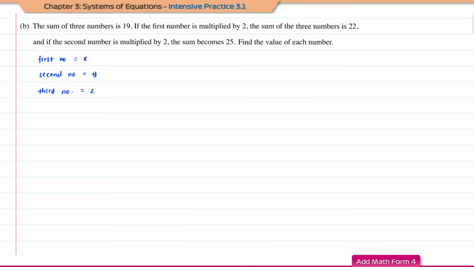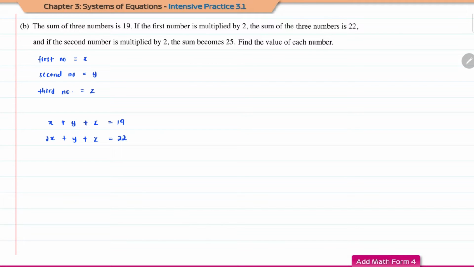The sum of three numbers is 19, which means x plus y plus z equals 19. Next, if the first number is multiplied by 2, which means x multiplied by 2 is going to be 2x, the sum of three numbers is 22, which means 2x plus y plus z equals 22.